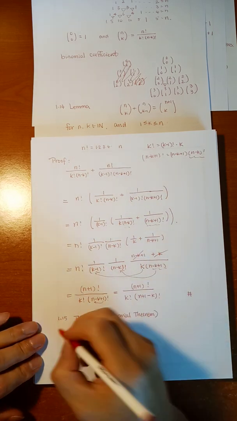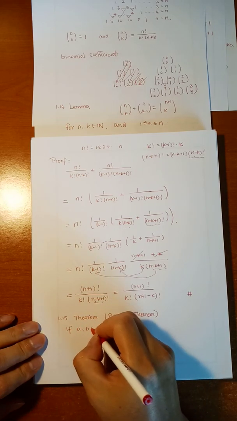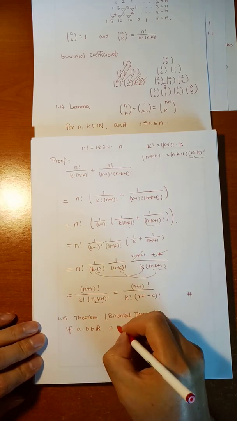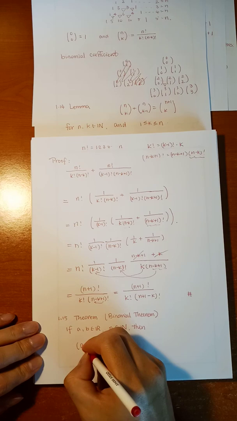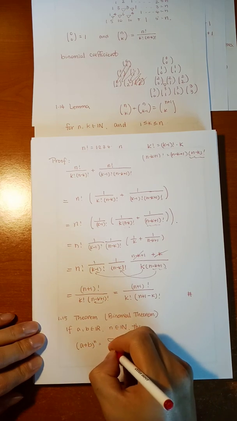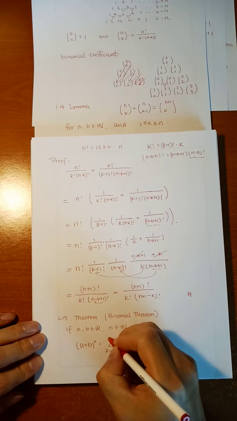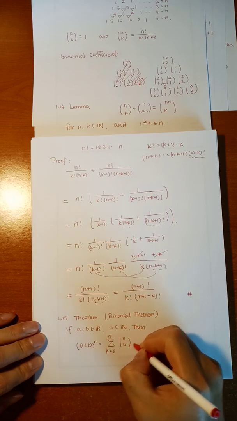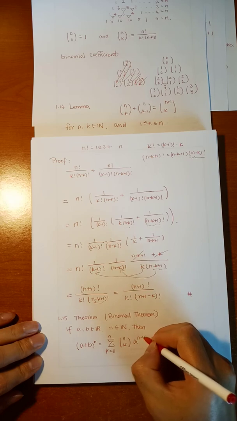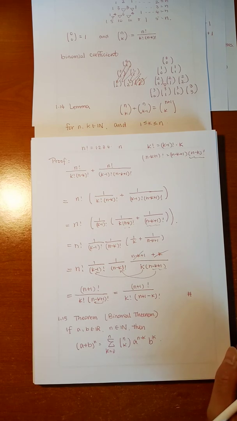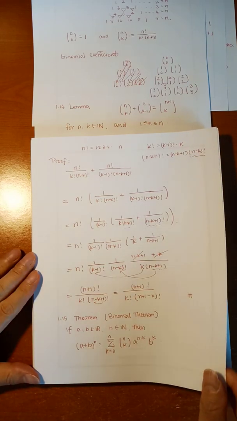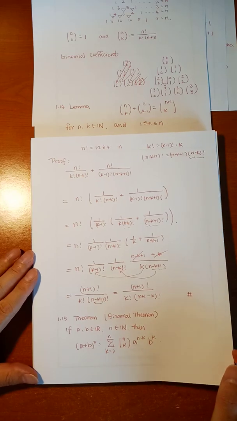The binomial theorem says if a, b are real numbers and n is a natural number, then a plus b to the nth power is equal to the sum over k from 0 to n of n choose k, a to the power n minus k, b to the power k. We're going to prove it. In the proof, we use the principle of mathematical induction.